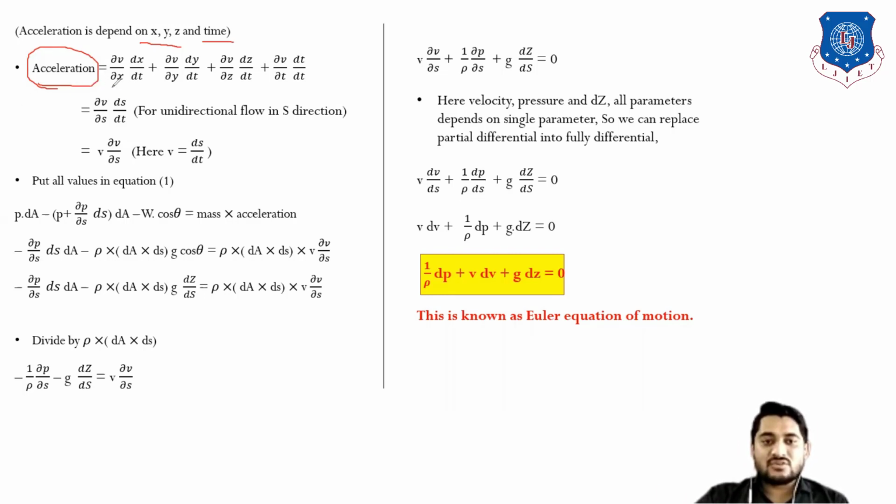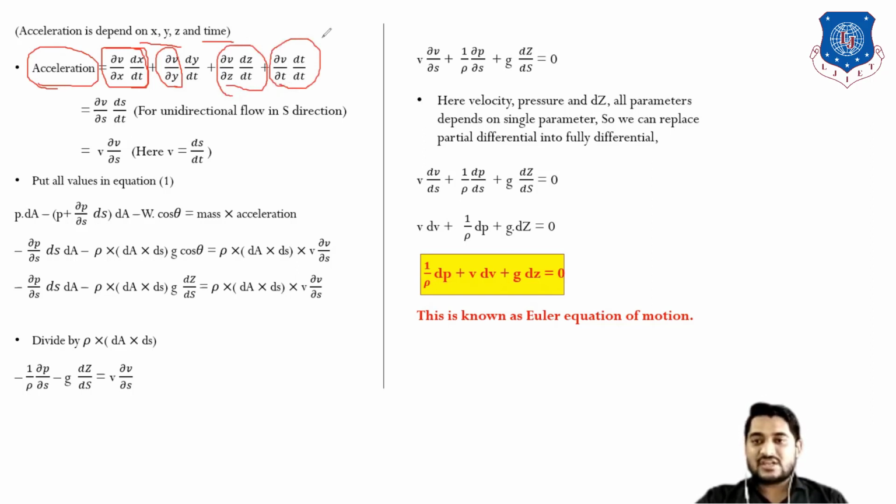So first of all, see this segment, partial differentiation with respect to x. That means del v by del x and fully differentiation dx by dt, plus partial differentiation with respect to y and dy by dt fully differentiation. Similar way for z direction and similar way for time.